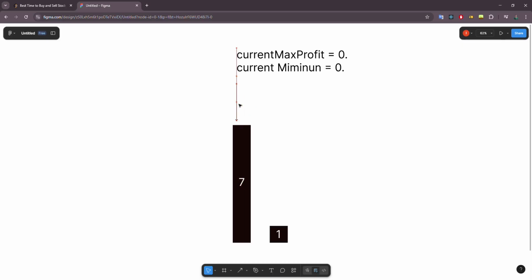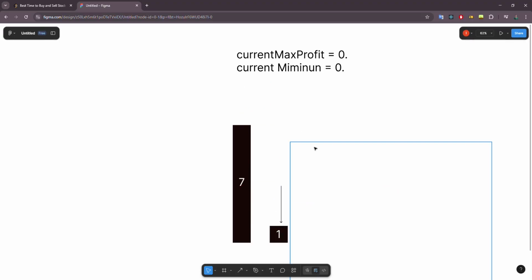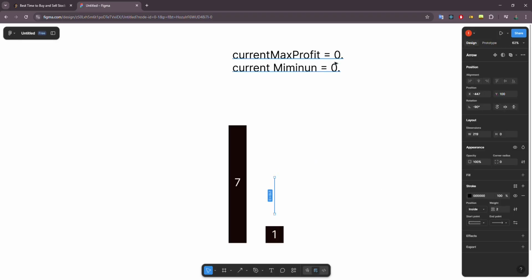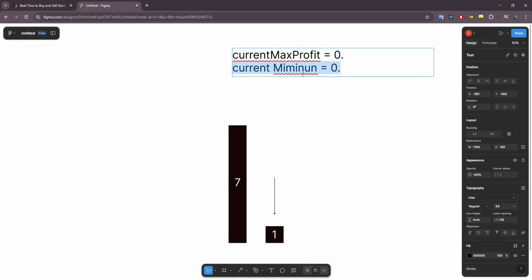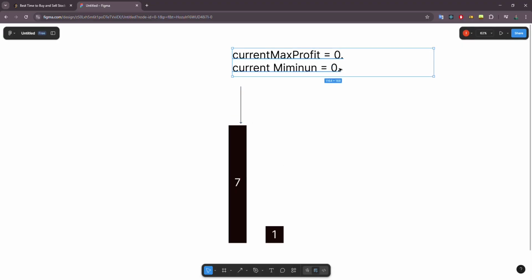So suppose you buy and sell the stock the same day, you are going to get no profit. So you actually need to go to another day. And now you know that your current minimum variable right now is 7 at the first day.